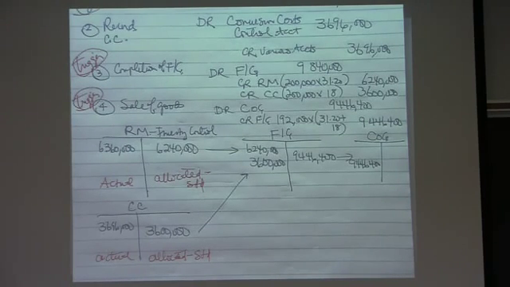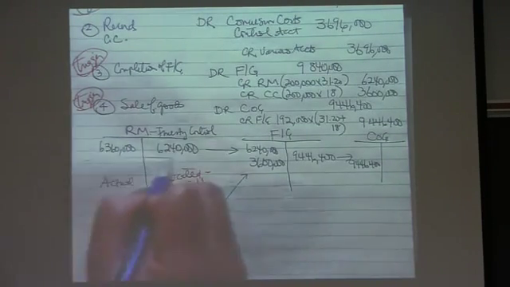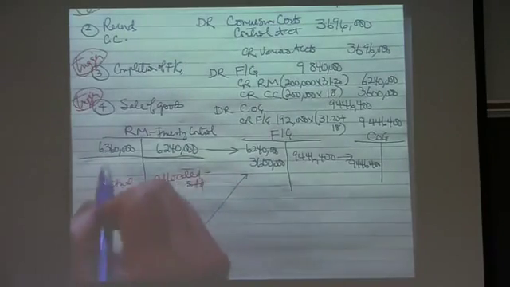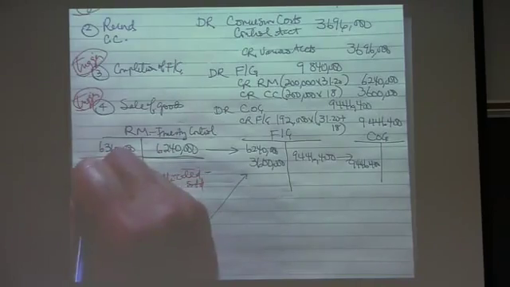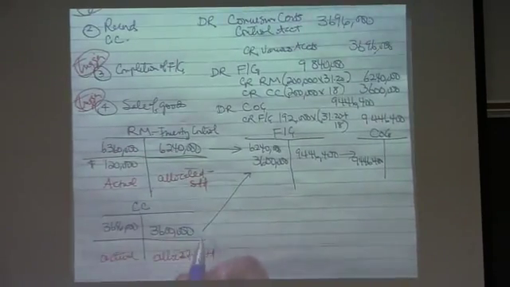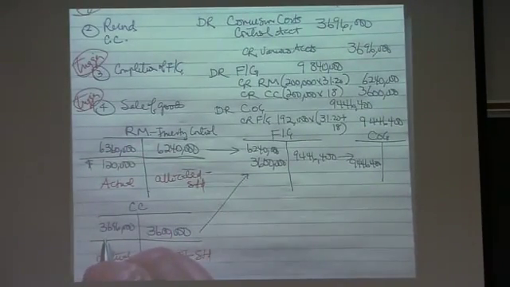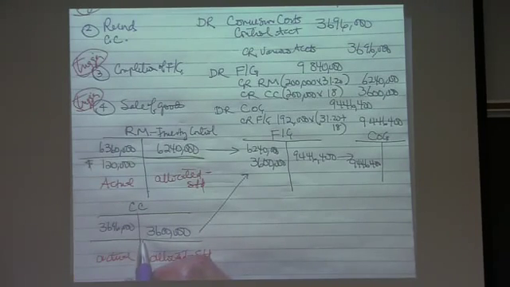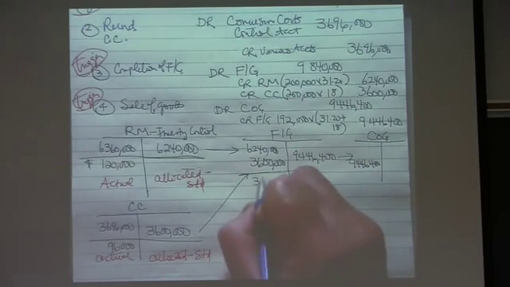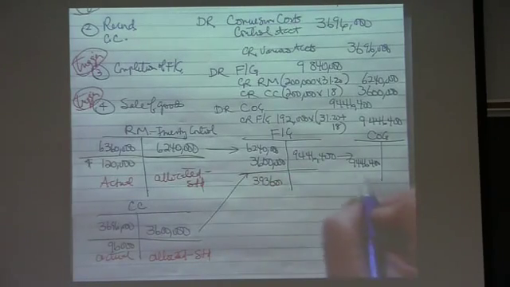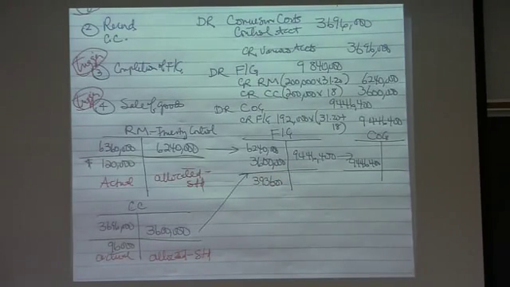You can see the remaining balance is $120,000. And this one has $96,000 conversion cost. And the finished goods has a balance of $393,600, and that's your cost of goods sold.